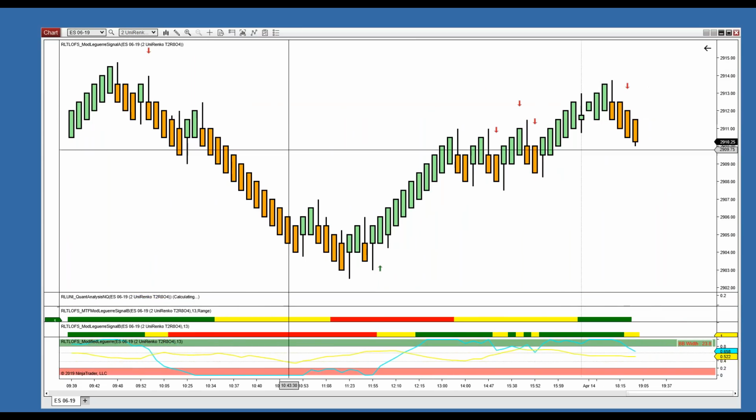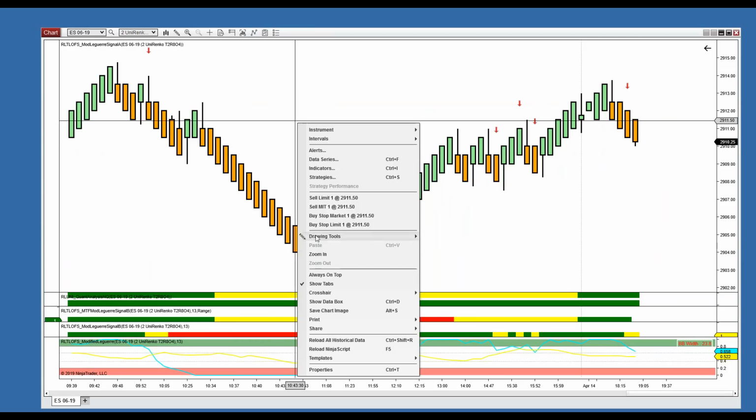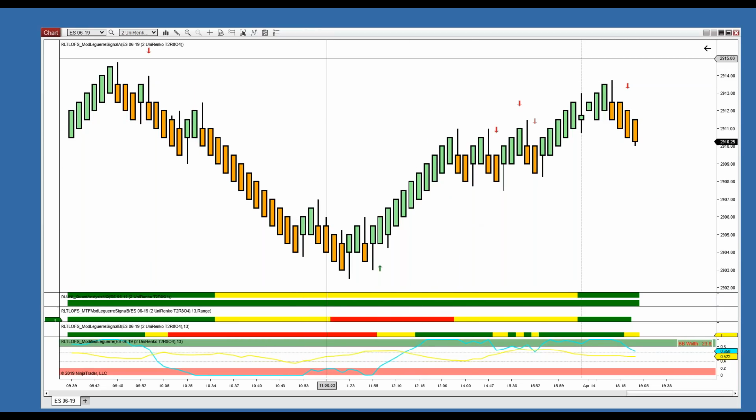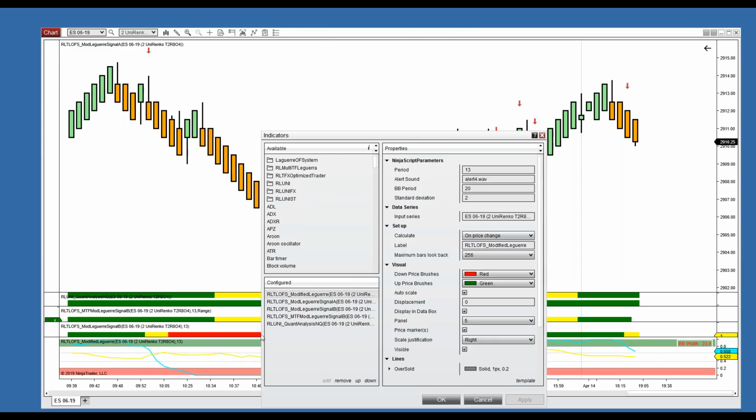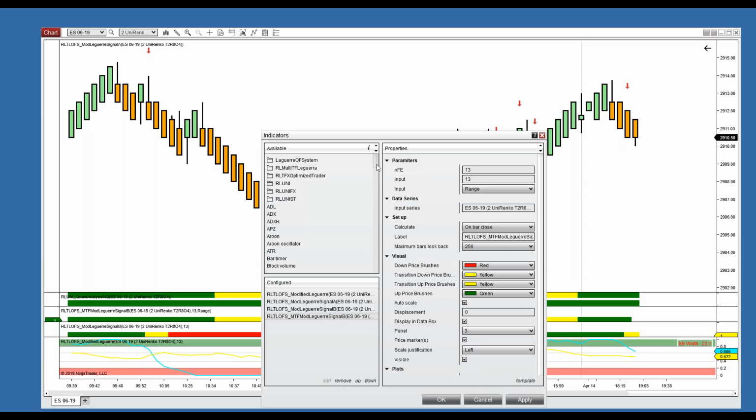And it did it. Now remember what I told you about the quant lines. They're unique for every single financial instrument. So you're going to have to create your own individual templates to take out the quant line from the NASDAQ and put in the quant line for the E-mini.